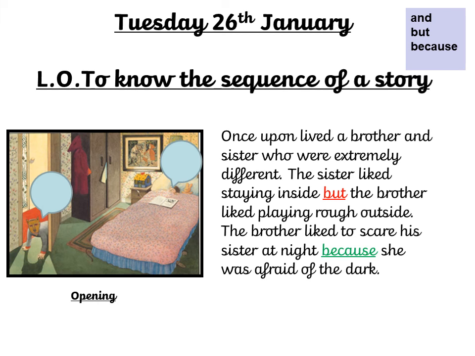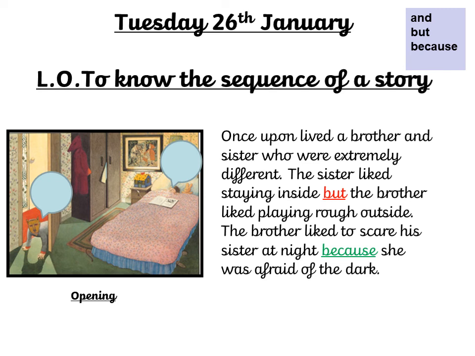Let's have a look at how I want you to set this out then. So you've got your date and title, you should already have that in your book from earlier. You have got your first picture then, so the opening picture. So you can draw a little illustration like this, and then you can add 2 or 3 sentences next to or underneath your picture. Okay, so let's have a read of my sentences. So once upon a time lived a brother and sister who were extremely different.